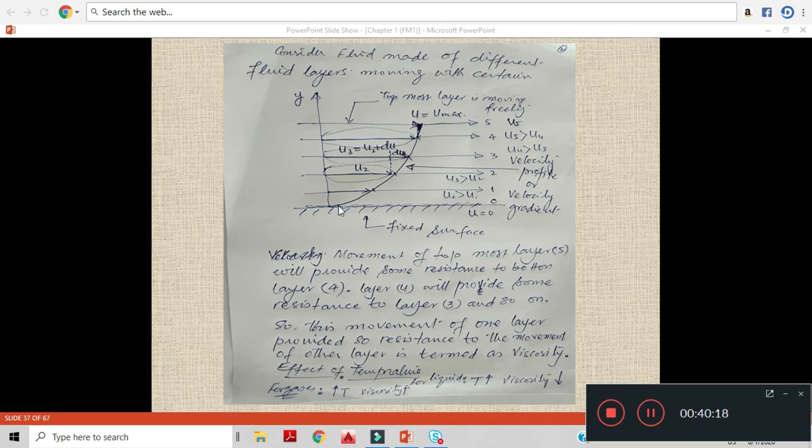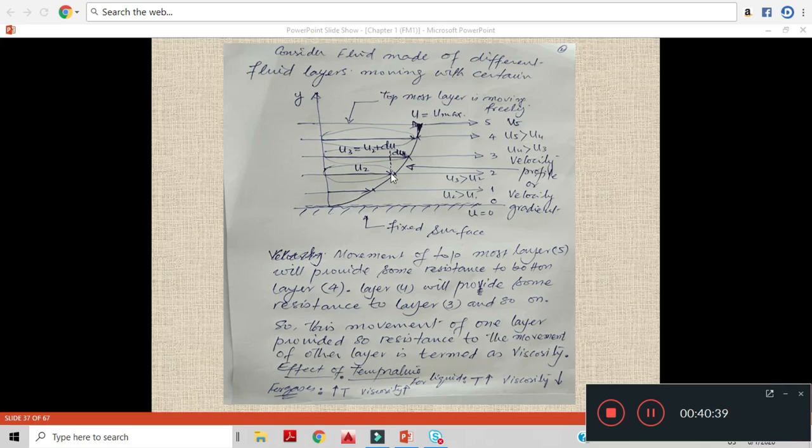So as we are moving up, the adhesive forces are decreasing. Because of that, we get a velocity variation. So we get a curve like this, showing how the velocity varies as it moves away from the fixed surface.